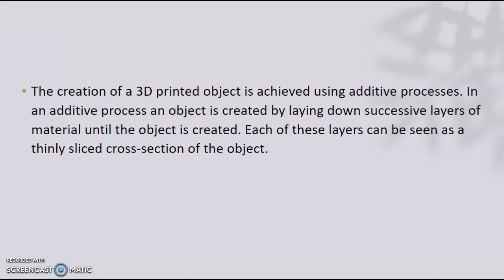The creation is achieved using successive layers of material until the object is created, and each layer can be a thinly sliced cross-section of the object, depending on how you made it using the software.